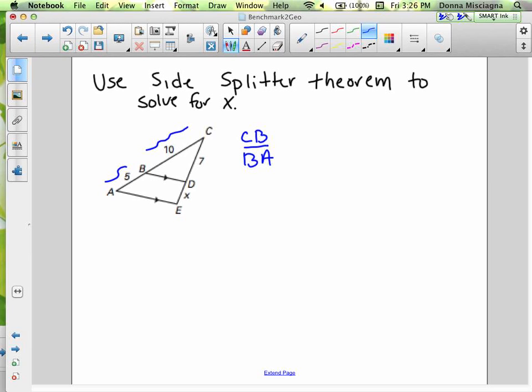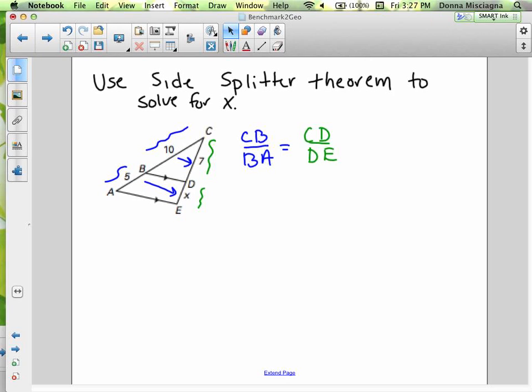So CB and BA are on the same side, the blue side there, equals, and then we've got the other side, CD and DE. So I've got one side of the triangle in one fraction, the other side in the other fraction, and notice CB is across from CD. They go together. BA is across from DE. They go together.